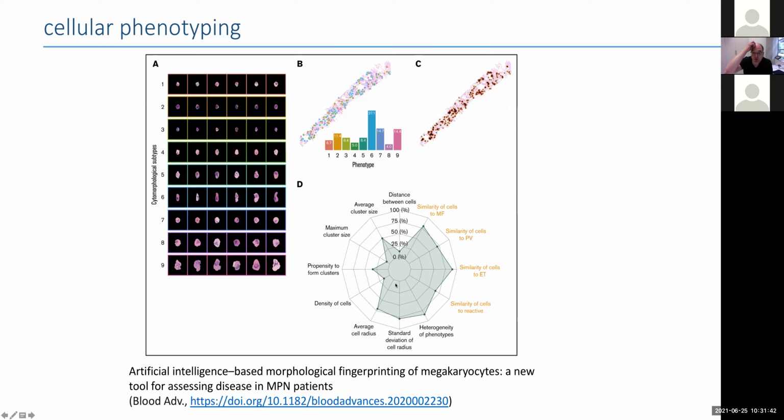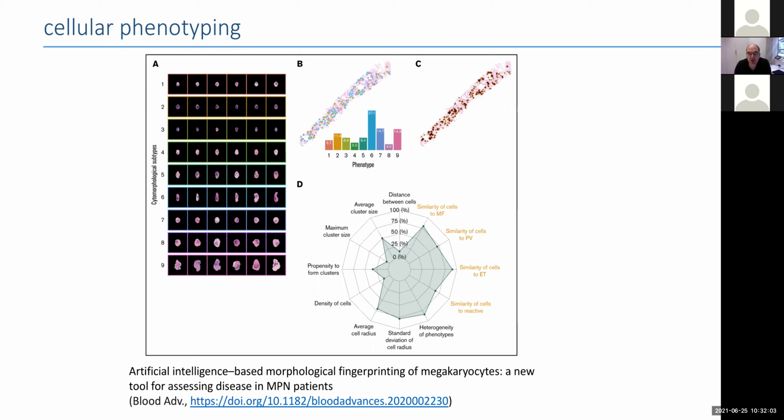And then we can also look at various other features like the propensity from other clusters, the density of cells, the average cell radii, and build up a fairly quantitative and interpretable descriptor.